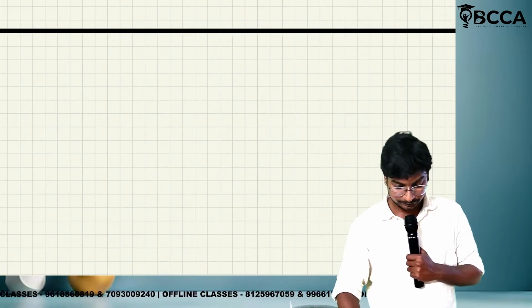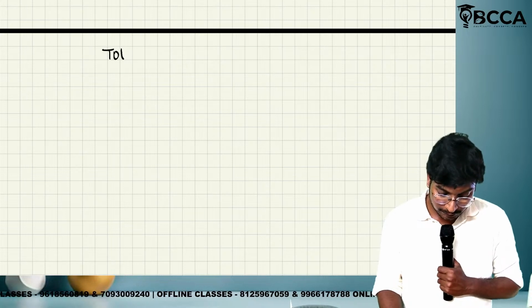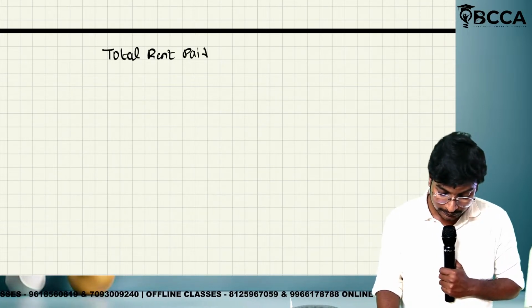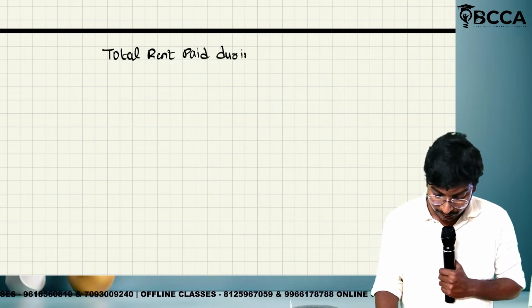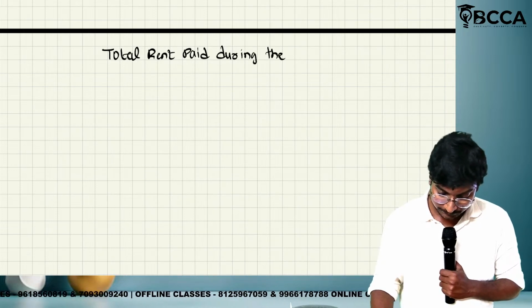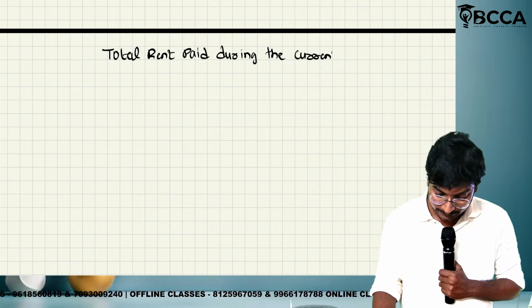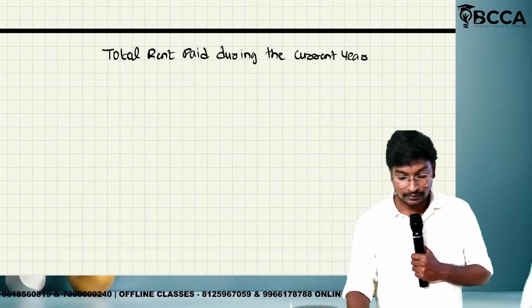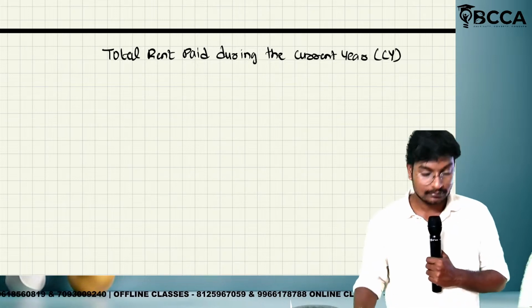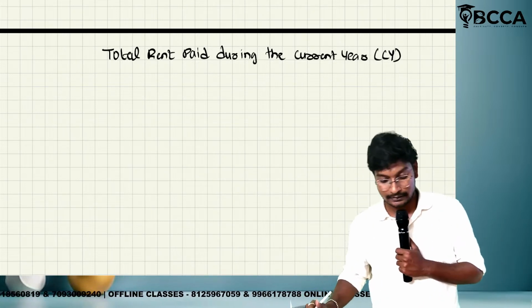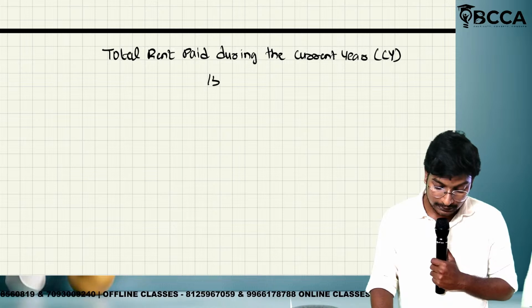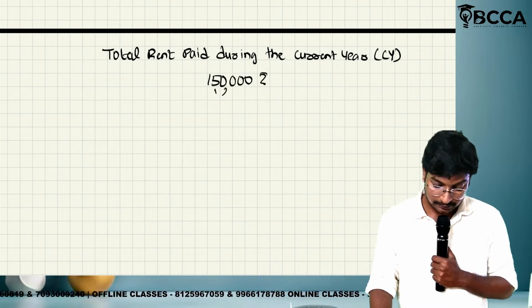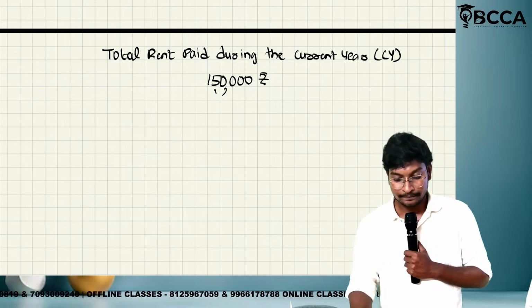Total rent paid during the current year, in short CY, is 1,50,000 rupees.